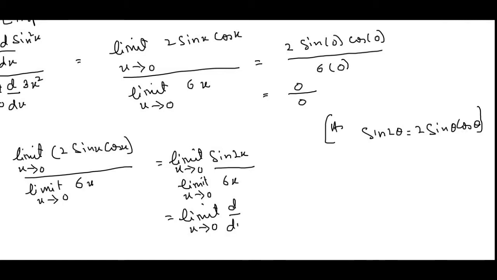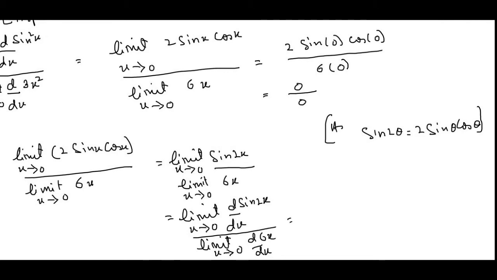d by dx of sine 2x and limit x approaches to 0, d by dx of 6x.